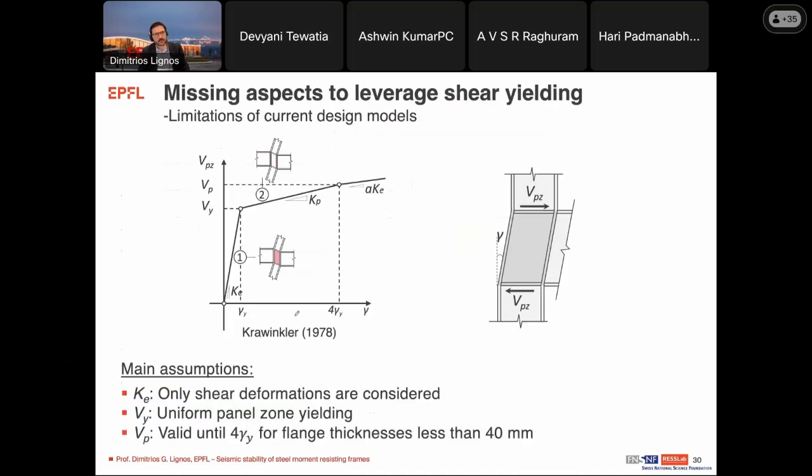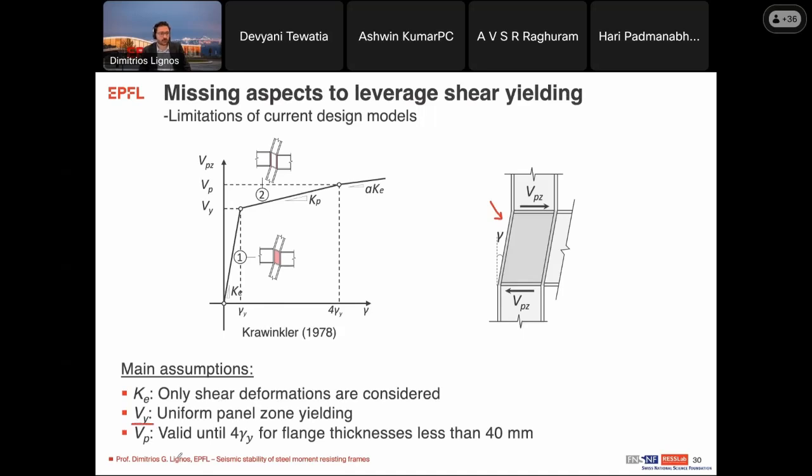Now, to leverage the shear yielding of the panel zones, obviously one has to look at what would be the current design models that we're using. And if you look at some of these models, essentially the main assumptions would be that only shear deformations would be considered, similar to what you see here in this figure.